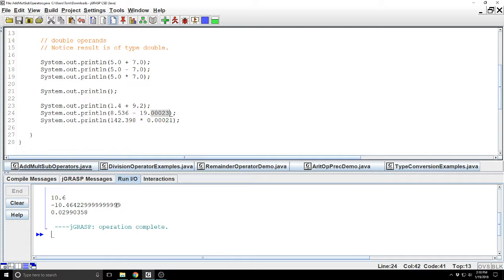The reason why that happens is the computer, we talked about this before, there's only finitely many decimal numbers that you can write in a computer, because it depends on how many bits your computer is.